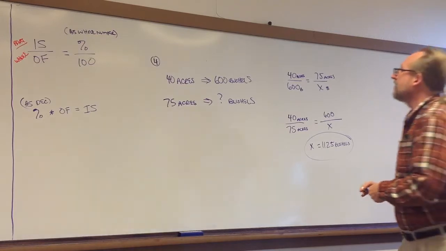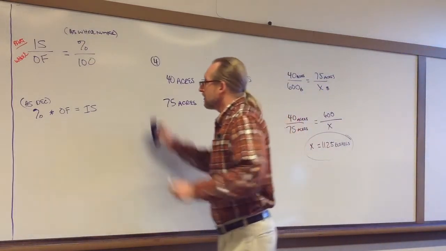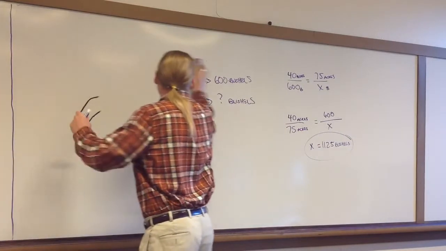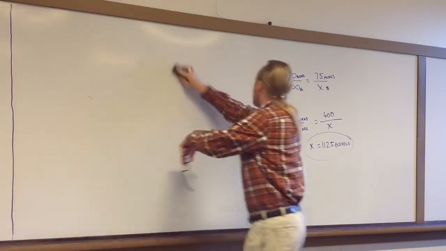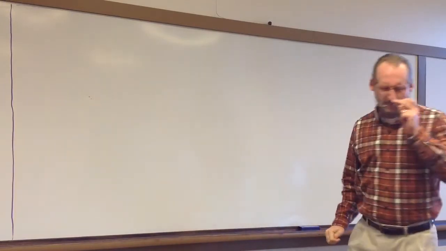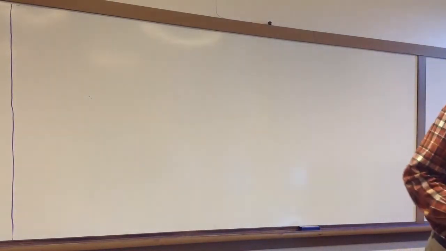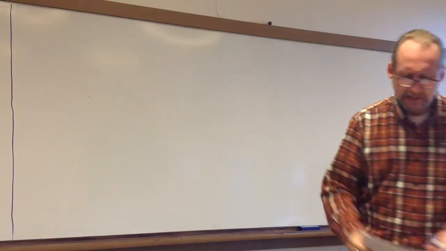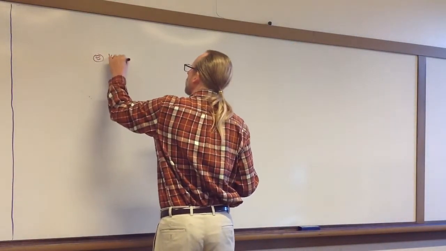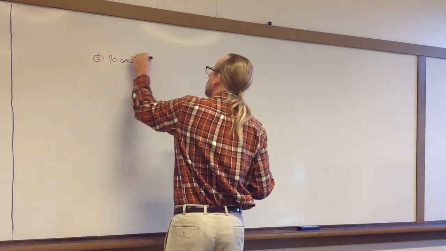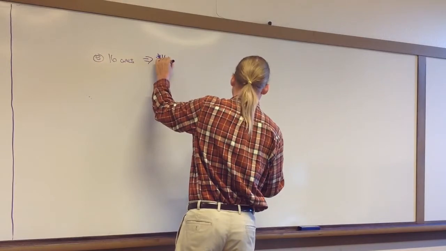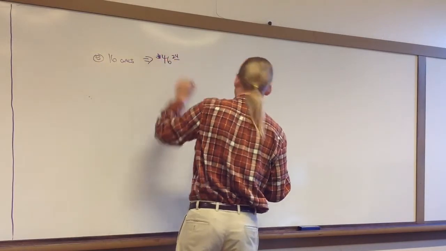Problem 5 is about a unit price. So let's see here. Problem 5, 16 gallons of gasoline costs $46.24.